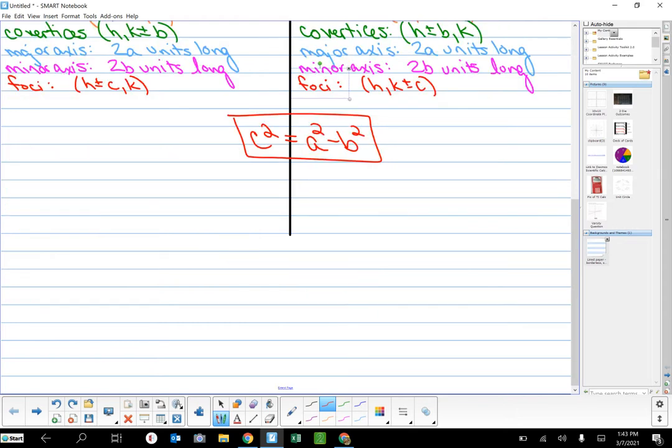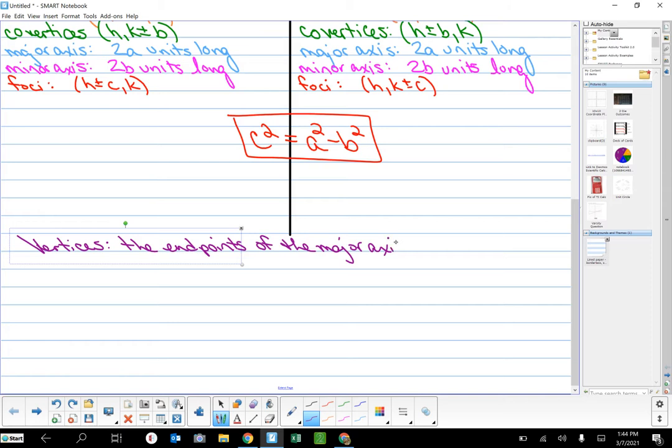Okay, so the vertices are the endpoints of the major axis, and they're always written as ordered pairs.